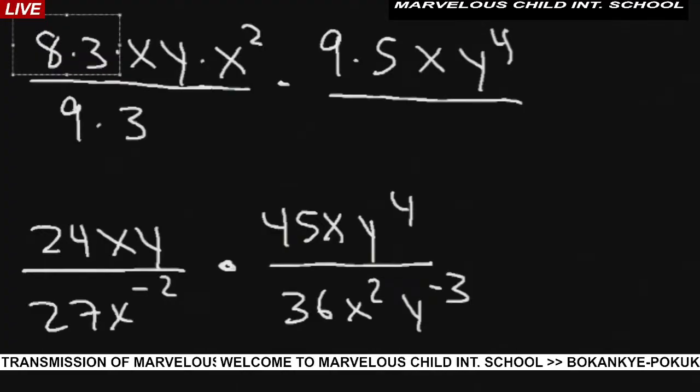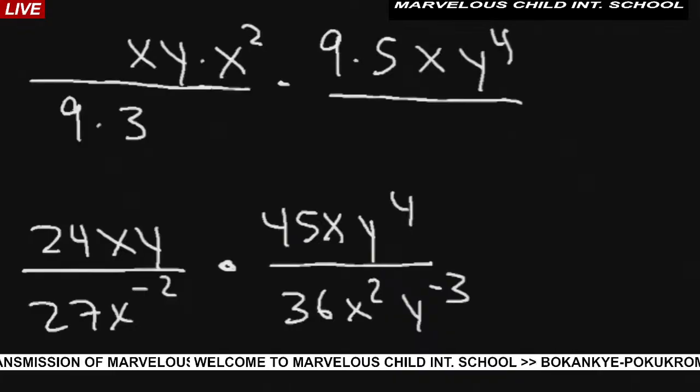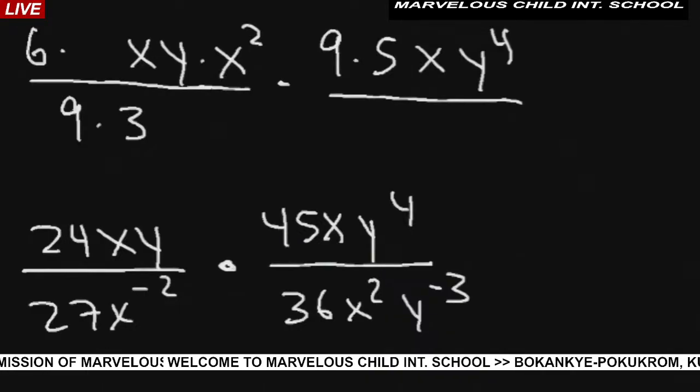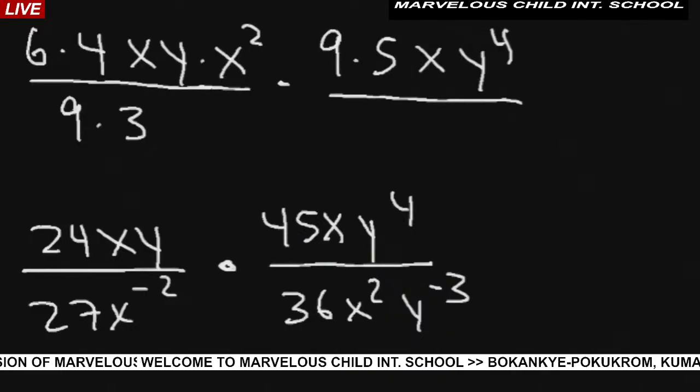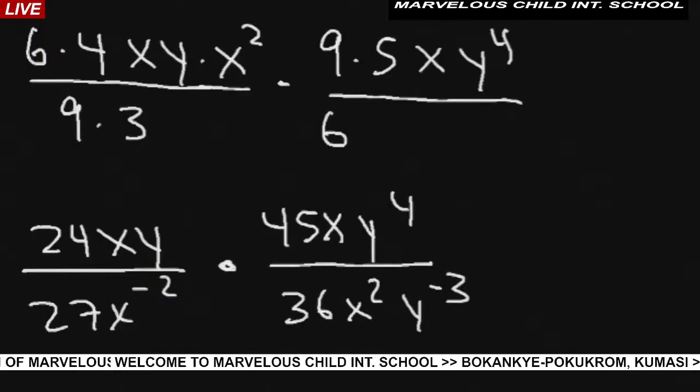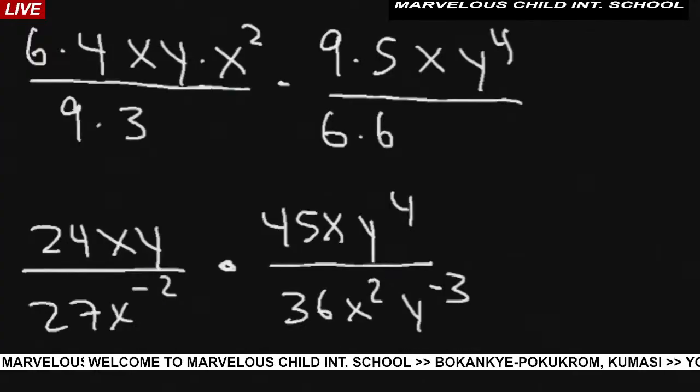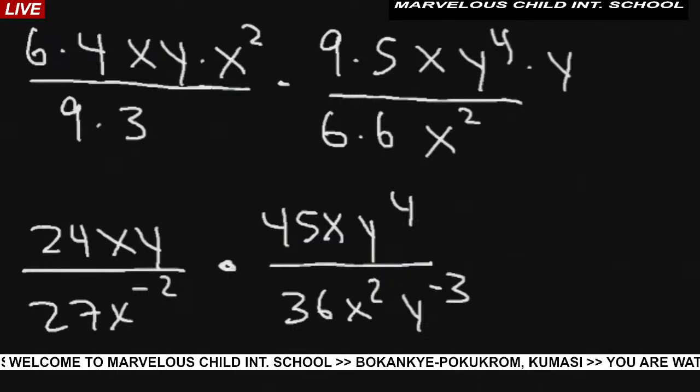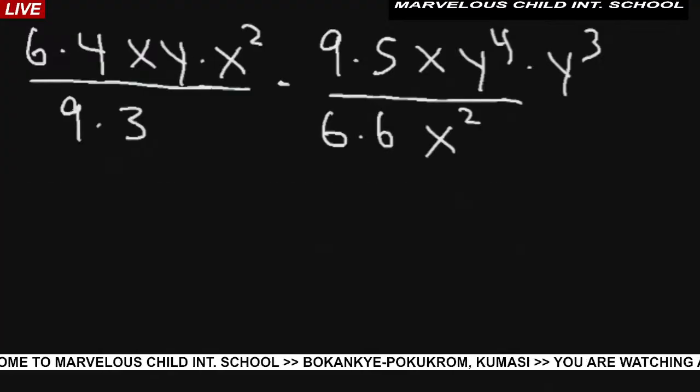So let's change 24. Instead of making it 8 times 3, let's make it 6 times 4. And 36 is going to be 6 times 6. And so we have x squared, y to the negative 3. I'm going to move that to the top. So now let's cancel a 6.